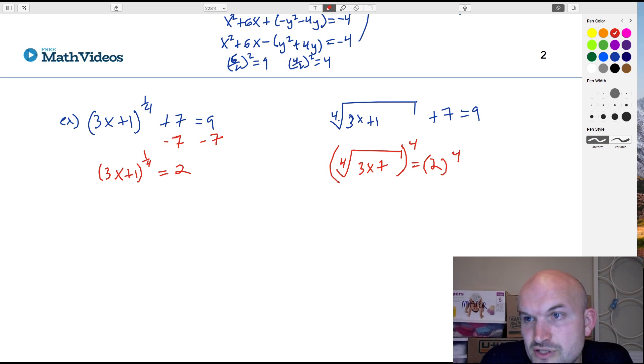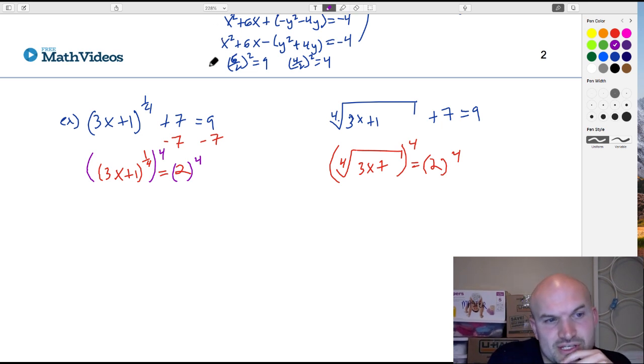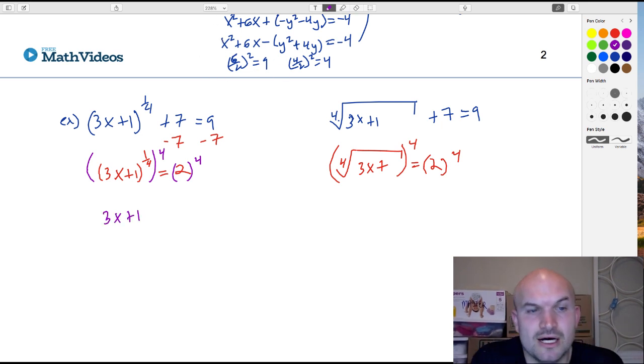If you raise this to the fourth power on the left side, we have to follow the rules of exponents. Remember, when you have a power raised to another power, you multiply them. So that's going to give you 3x plus 1 raised to the 1. And 2 multiplied by itself 4 times is going to equal 16.